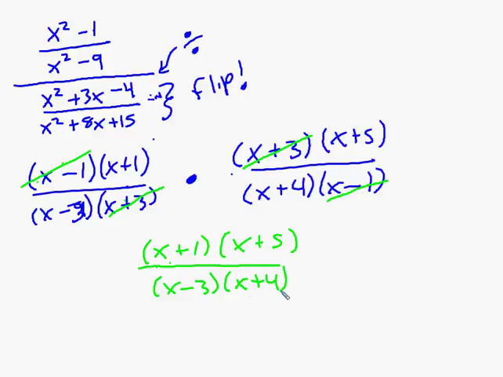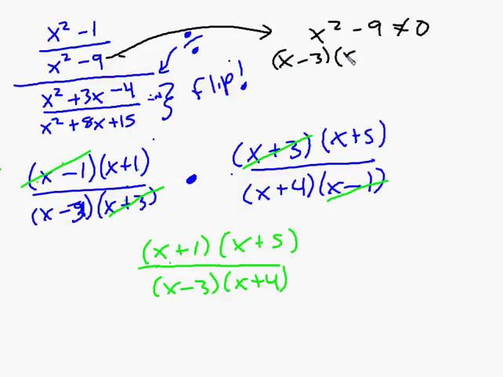Now, I don't look at my restrictions from middle steps because I'm doing a lot of different manipulations here. That's why we go back to the beginning. And we would say this fraction can't be 0. You just say it can't equal 0? Yeah, x squared minus 9 can't be 0. So then I factor that.